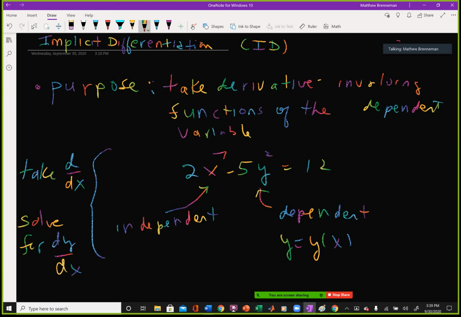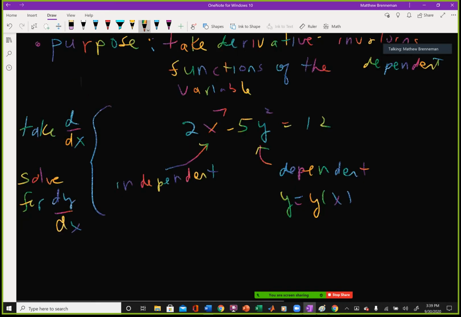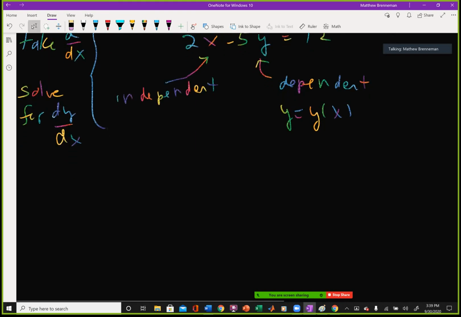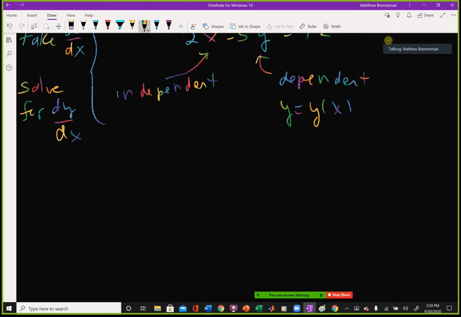Now, before I get into implicit differentiation, I want to revisit the chain rule, because it turns out that implicit differentiation is really just a special case of the chain rule. If you look at this problem, the hard part is taking the derivative with respect to x of y squared.